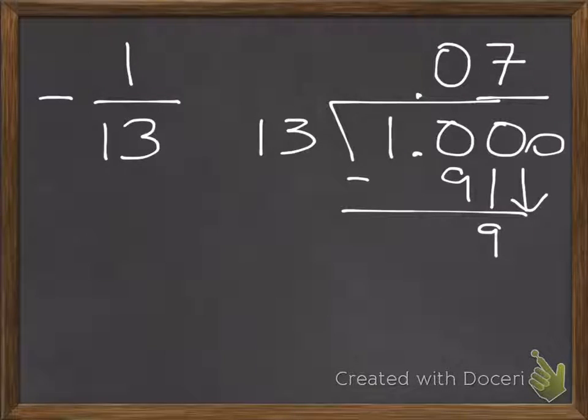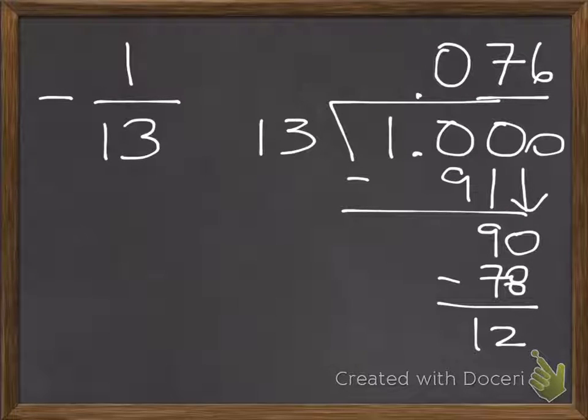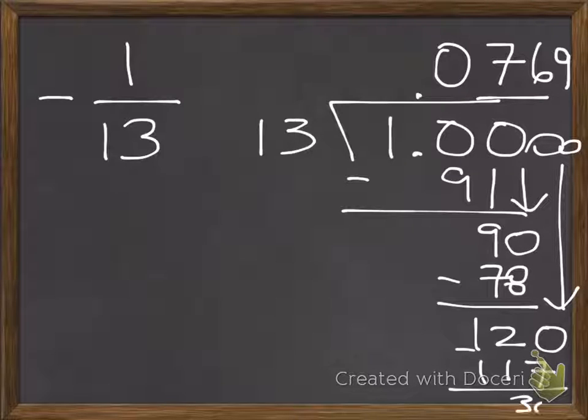Thirteen goes into 90 6 times. 13 goes into 120 9 times. 13 into 30 goes twice.